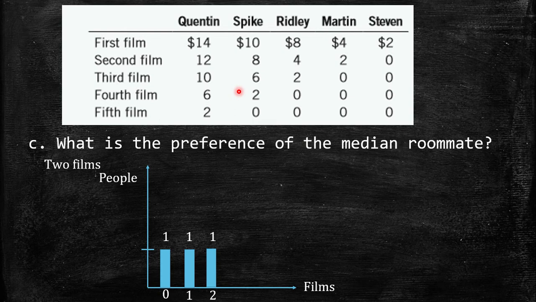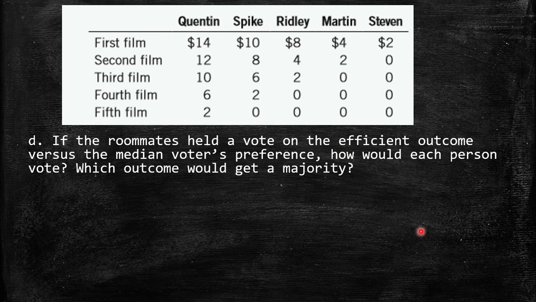For 2 films, we already saw that it is the situation of Ridley. Then 3 films is Spike, and 4 films is Kentin. Then this one is the median roommate. Why? Because we see here that 1, 2, 3 people vote for this situation. This is the median roommate.